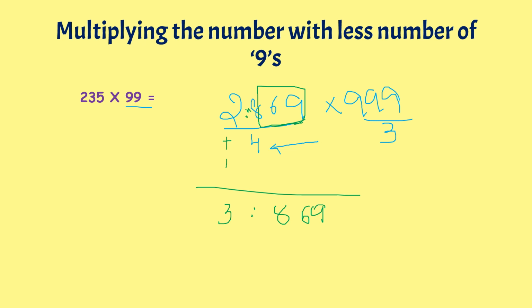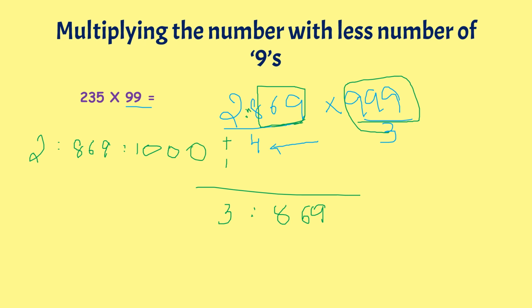The next step is to subtract this from the original number 2869, and as this is a 3-digit case, triple nines are there, so instead of writing 100 here I am writing 1000.